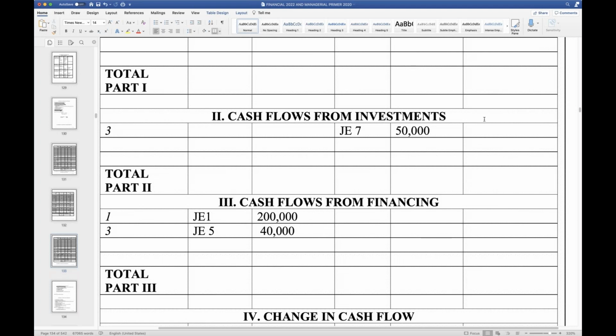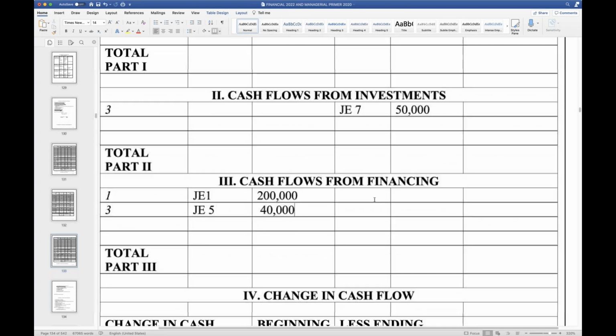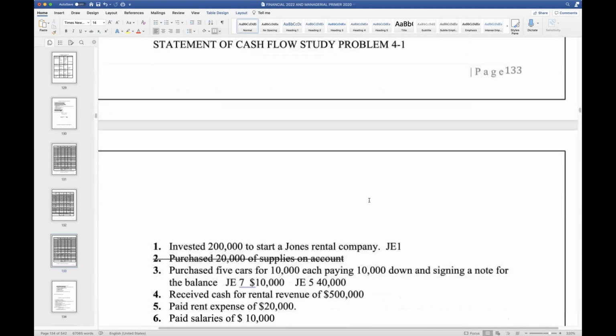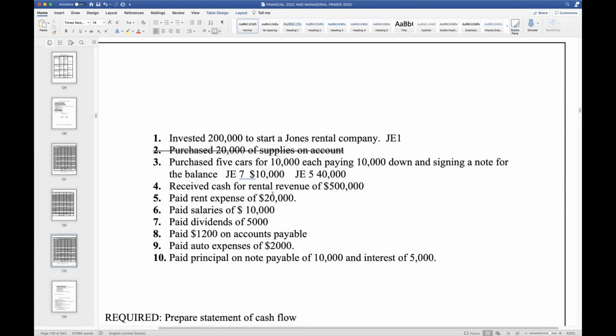So for a business, you need to know it's $50,000, and you need to know that down the road $40,000 has to be paid back. That's the useful information. Okay, that's a little different. Just work on that.